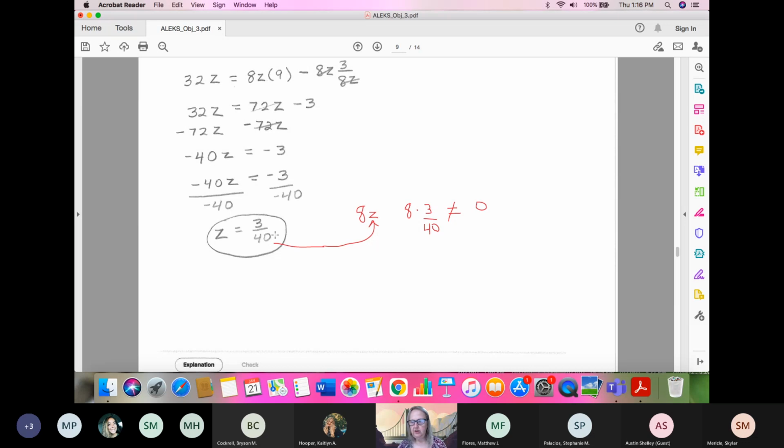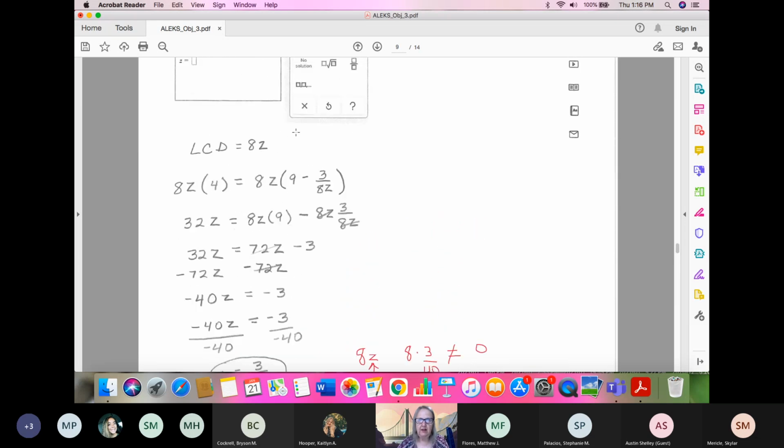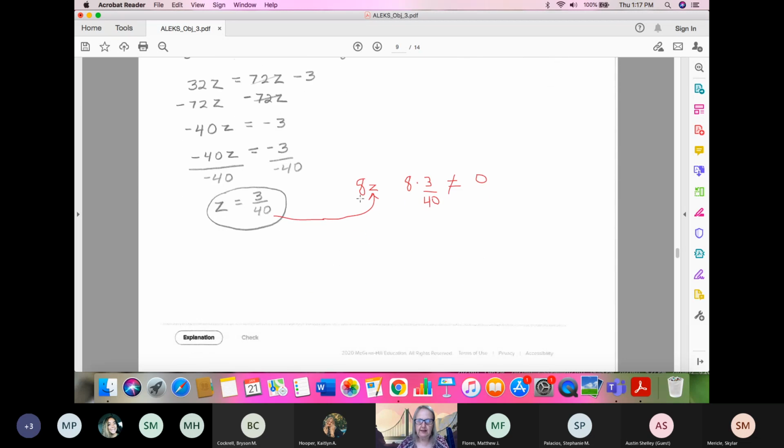Now what we want to do is check, in step 5, check all possible solutions in all denominators. If no possible solutions work, then the answer is no solution. So what I did here is I just copied down the only visible denominator, 8z.